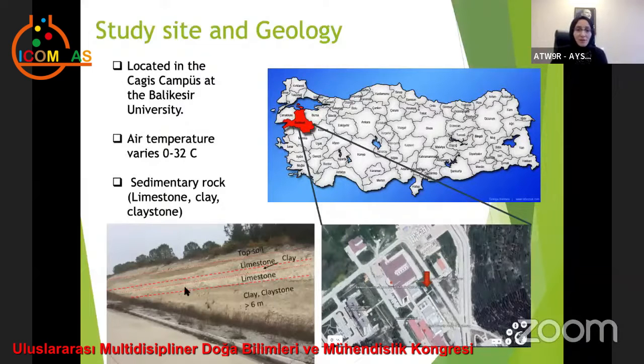And for the geology, you can see these pictures, which are from the outcrop of the geology at the site. Based on the borehole logging and this site study, you can see that sedimentary rocks are mostly available, and they consist of limestone, claystone, and similar rocks.